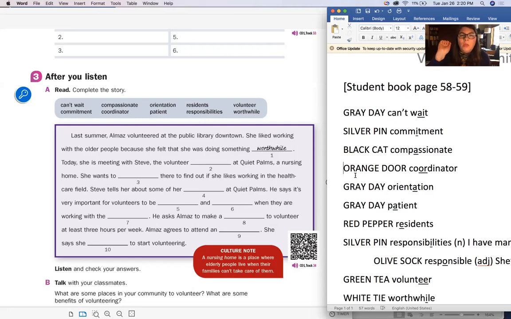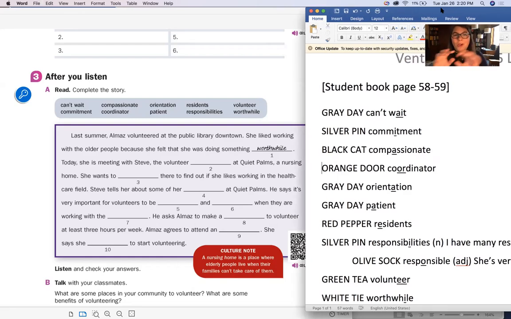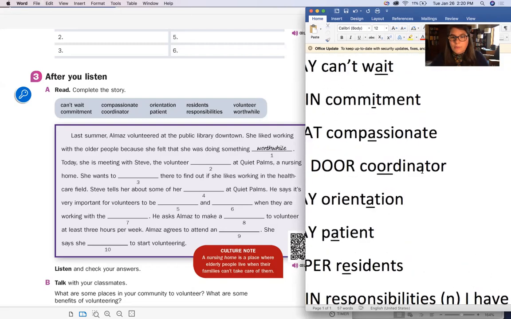Orange door coordinator. Coordinator. A coordinator is a person who organizes everything. If you look at this word right here, you see two O's, but we don't say coordinator. This is one syllable, co, and then this is the next syllable, war-dinator.